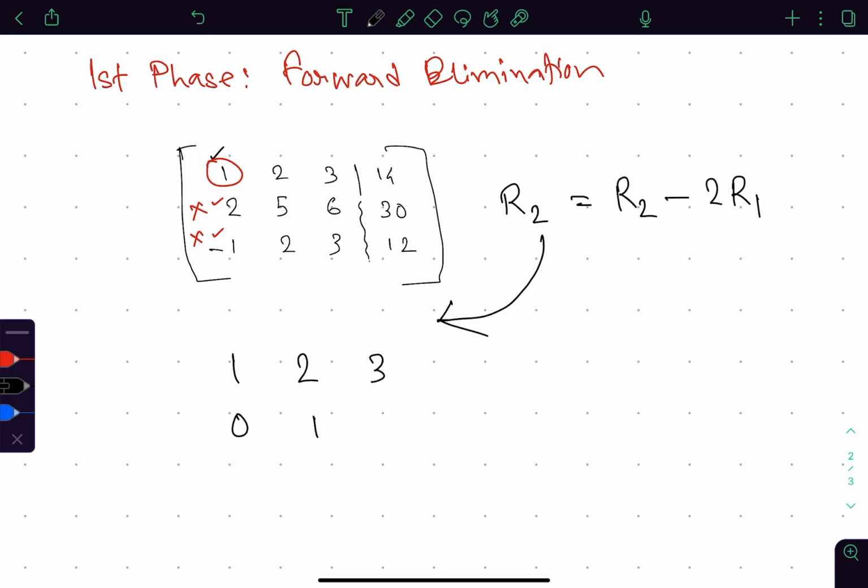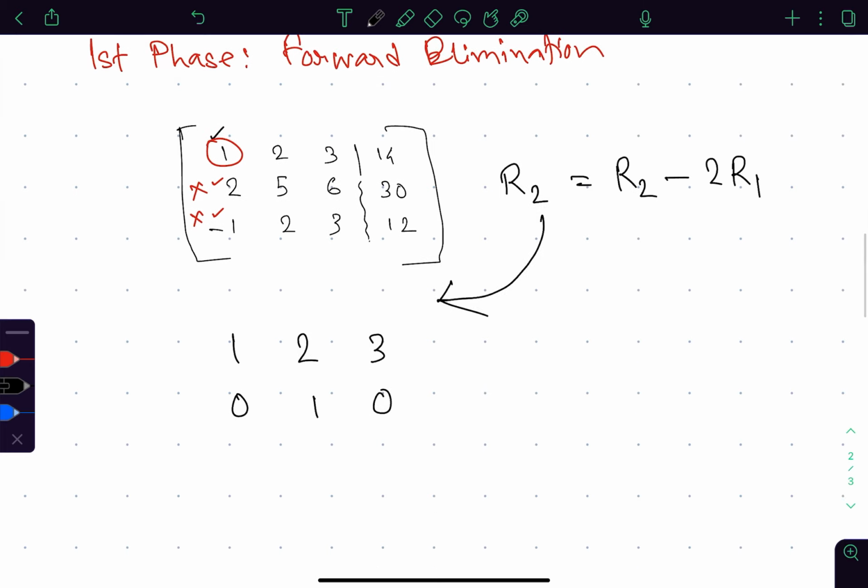Same thing in the third column: 6 minus 2 into 3 will be 0. This is a really convenient example, reducing our effort. The rest is as it is, so we have minus 1, 2, 3.